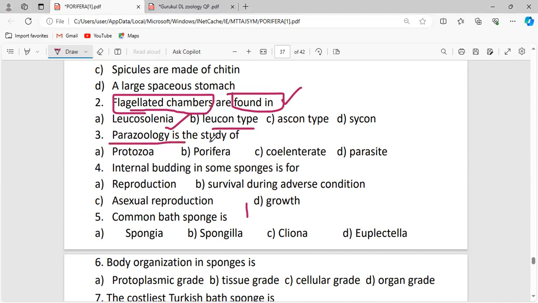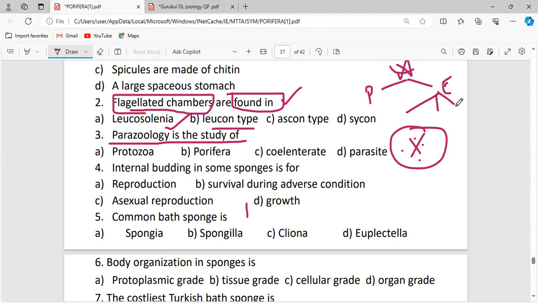Fine. Parazoology is the study of... To answer this question, general classification is important. Initially, the animal kingdom is classified into two: Protozoa and Eumetazoa.